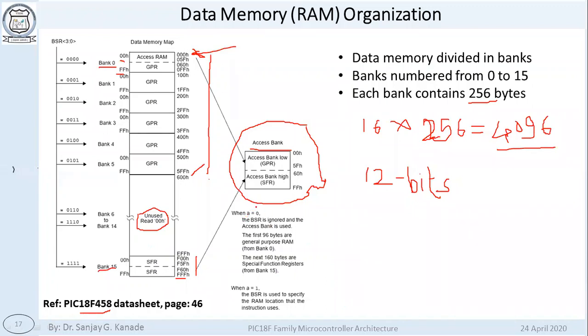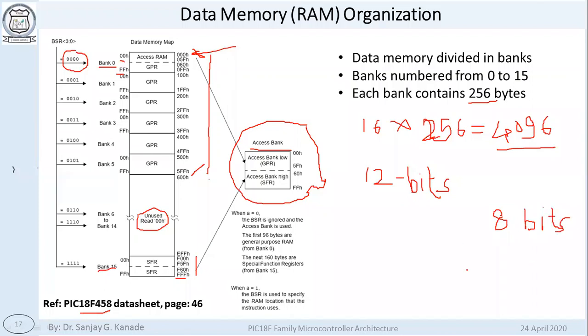If that bit A is 0, then it means we have to read from the access bank. Now, access bank is composed of what? If the address is 00 to 5F, then the higher 4 bits, the MSBs, will be 0000. We need 12 bits, right? 8 bits are in the instructions.